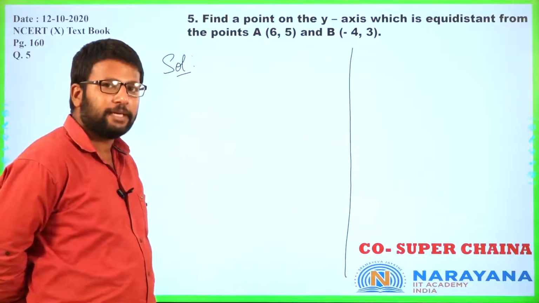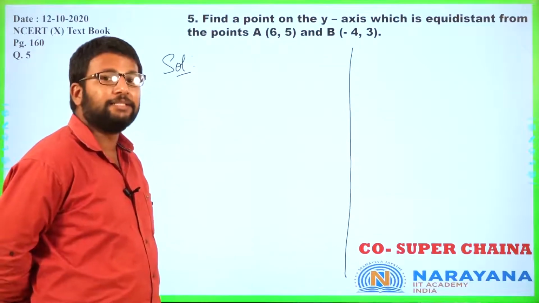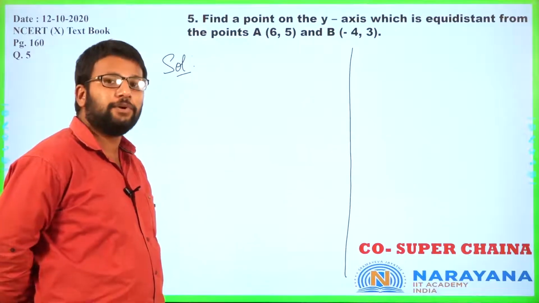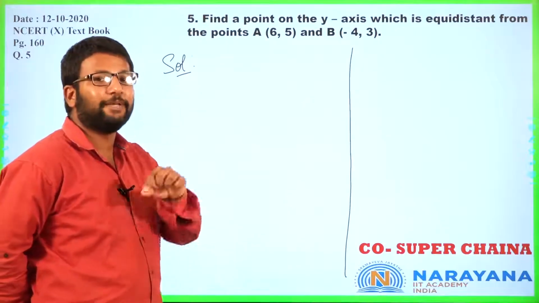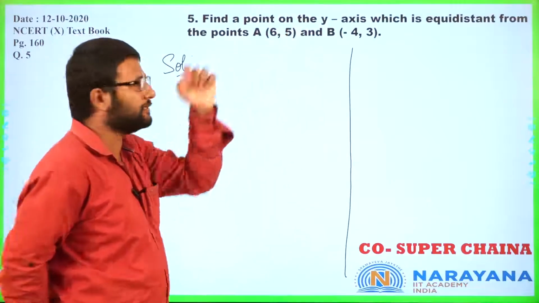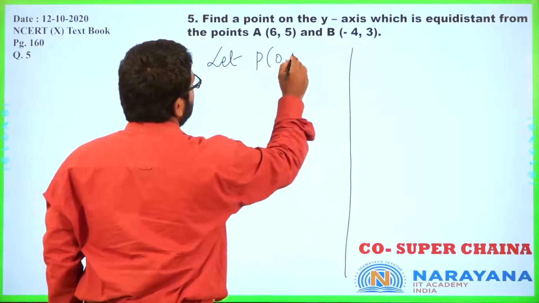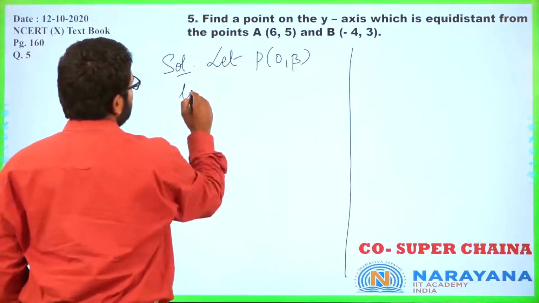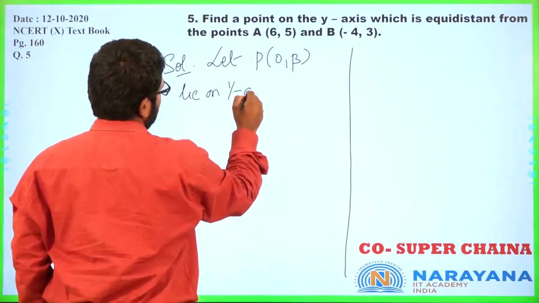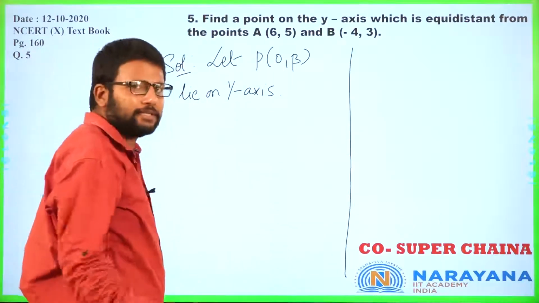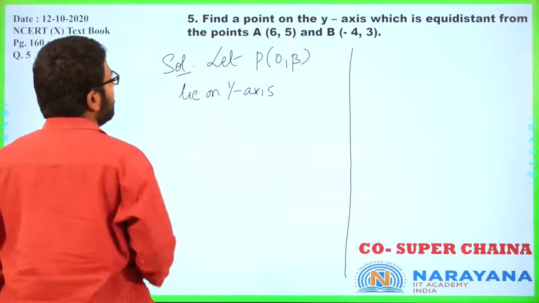I hope you got it. 0, beta. Why 0, beta? Because its x coordinate would be 0 because the point lies on y-axis. We'll start with let P 0, beta lie on y-axis. X coordinate is 0 because the point lies on y-axis. That's simple as that, right?